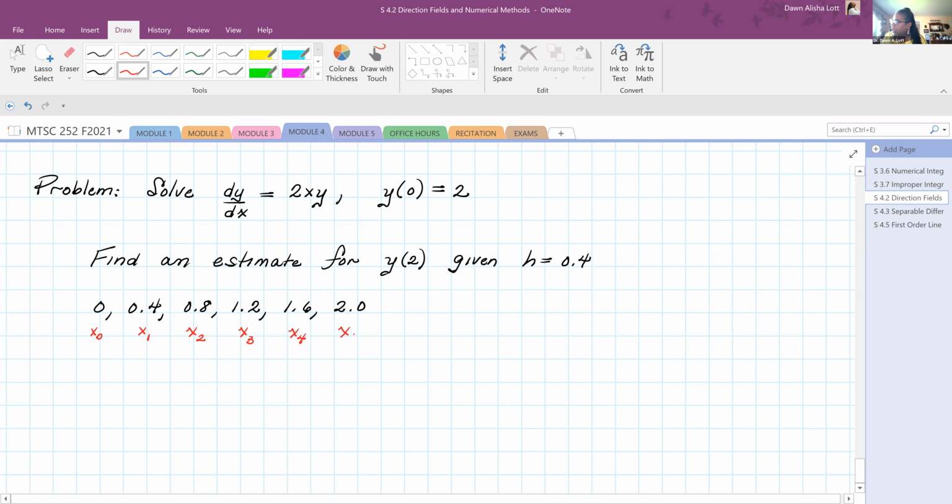So basically I need to compute 5 iterates. Anybody have any questions about what I'm doing? I am solving this differential equation. It is a differential equation because I have y, an independent variable x, and the derivative of y. This is my initial value.